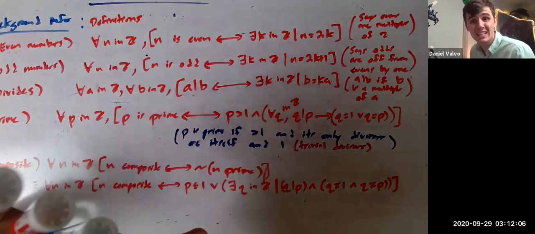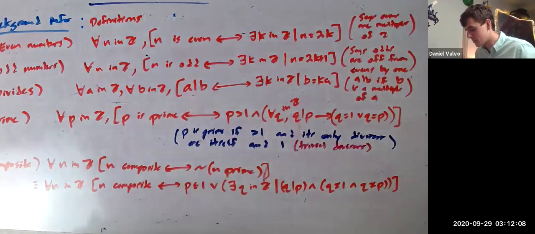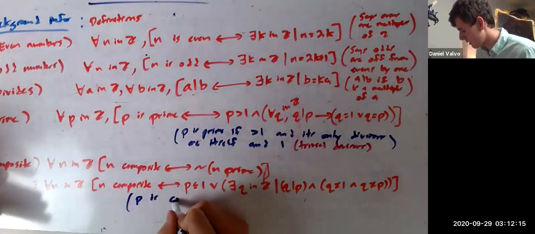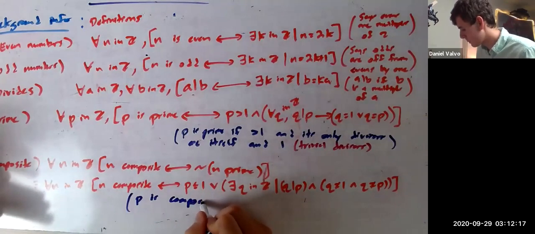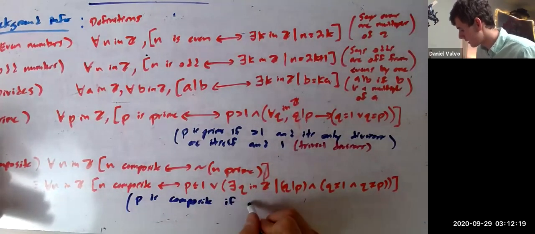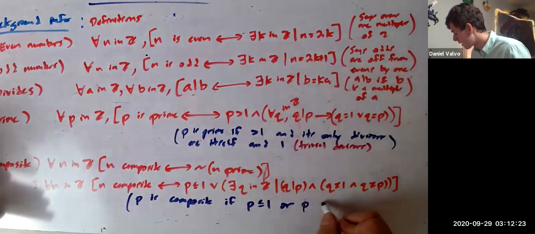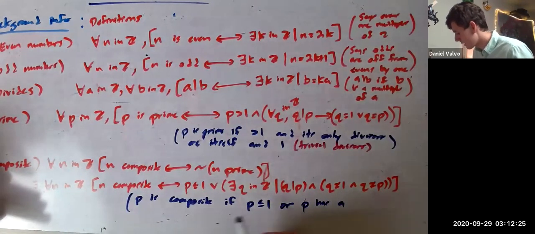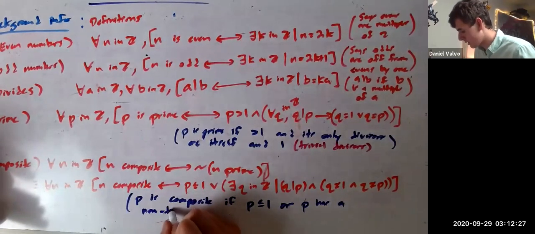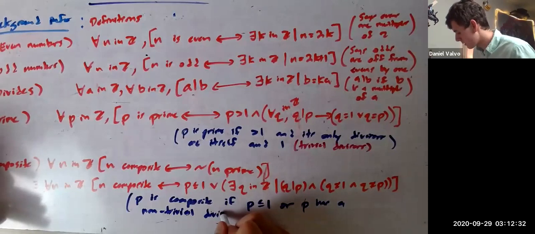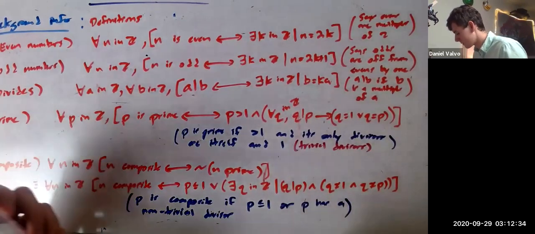So there does exist some non-trivial divisor. All this means is that p is composite if p is less than or equal to 1, or p has a non-trivial divisor.